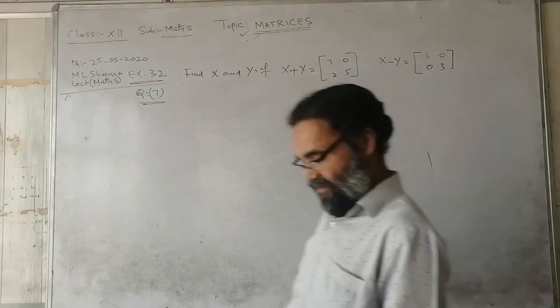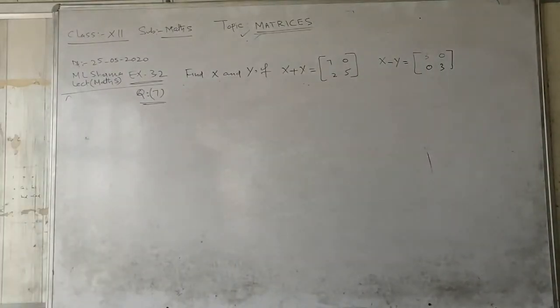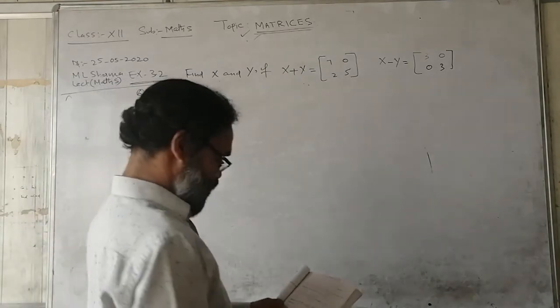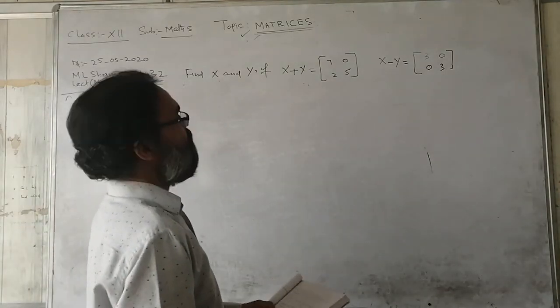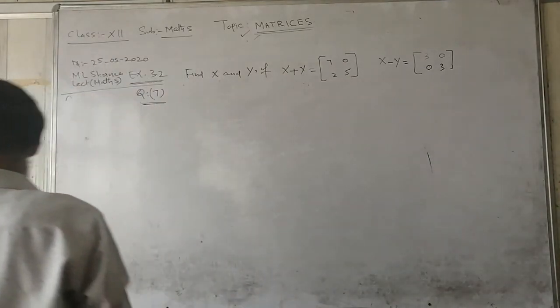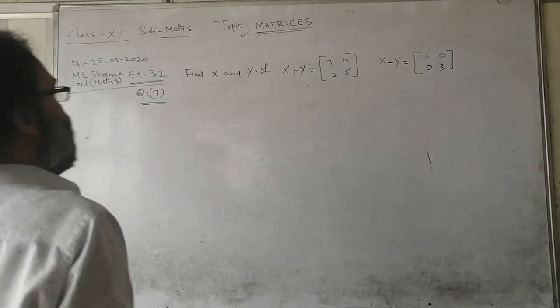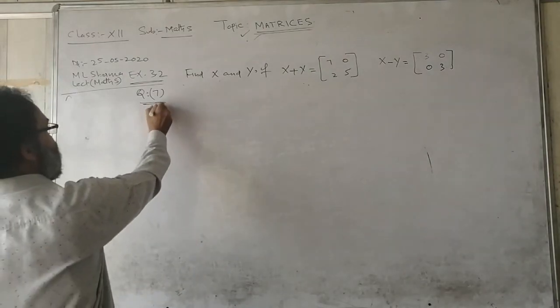So we have to find the value of x and y. So x plus y is 7025, and x minus y is 3003.